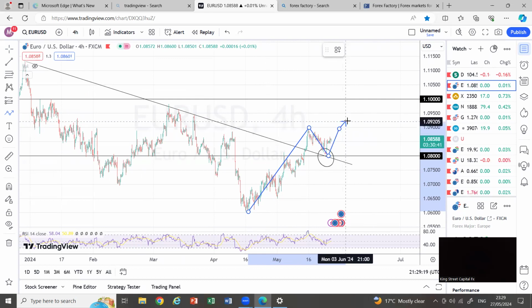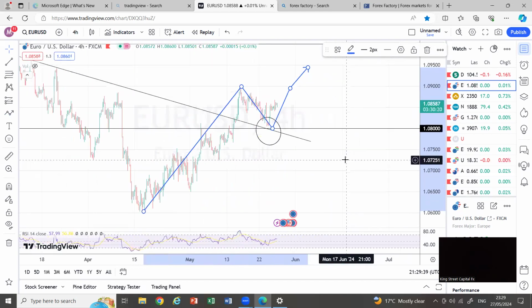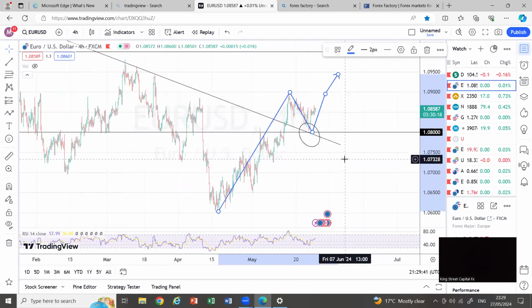If price does give us a surprise, we can see 1.09500 being reached too. So these would be the two levels, 1.09000 and 1.09500. We do see that continuation towards the upside after that breakout.